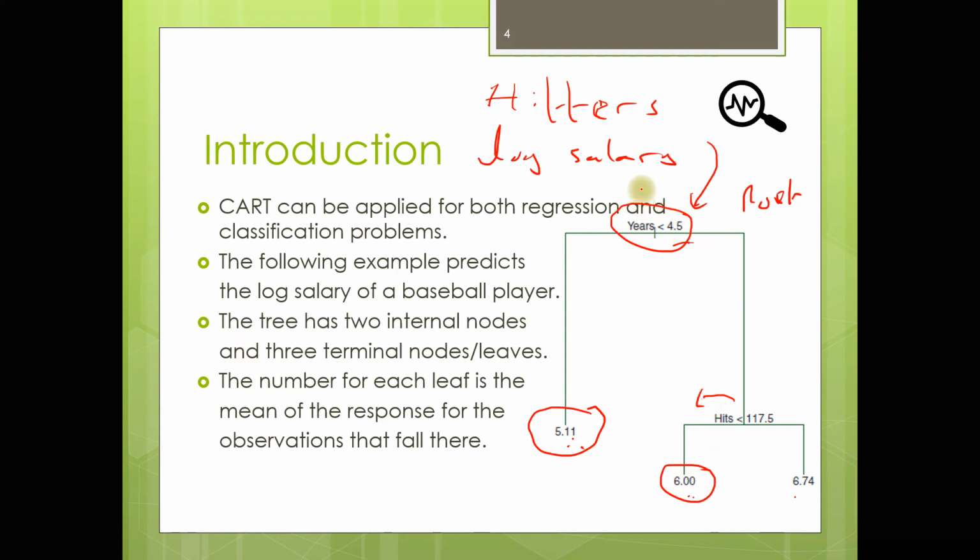But here, for example, years is less than 0.4. How do you get that? How come you have years less than 0.4? Why didn't you, for example, have hits here? Why is years here? This is what we are going to explain. We need to decide on which variable, which splitting variable will come first, and which split point will be accompanied with that variable. That's the first step.